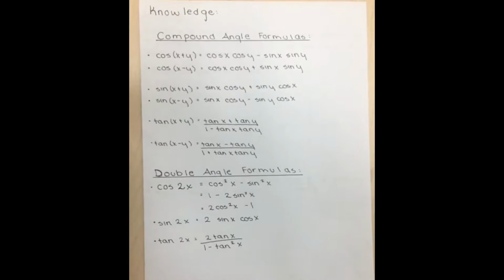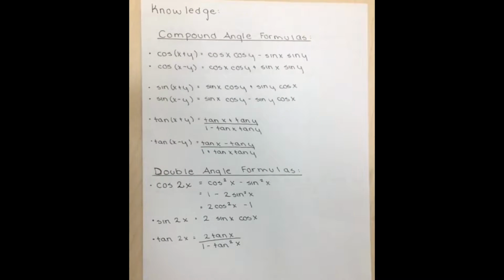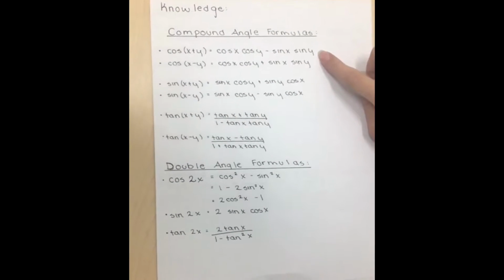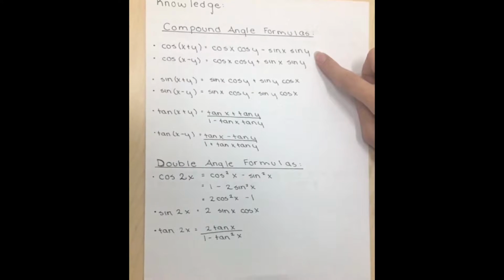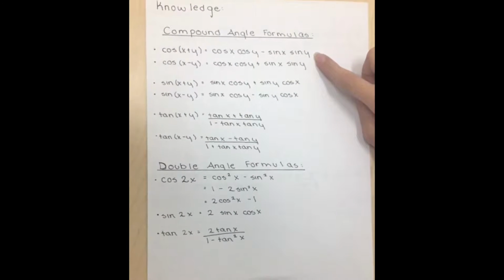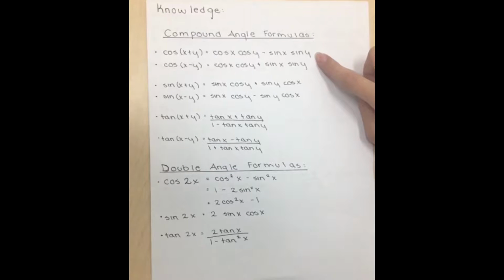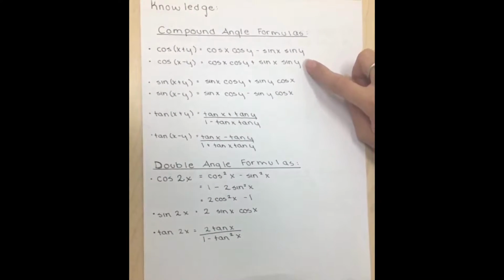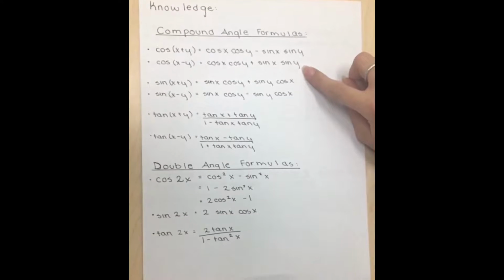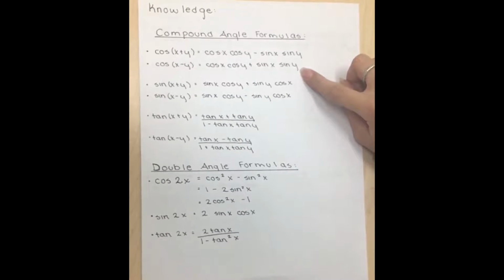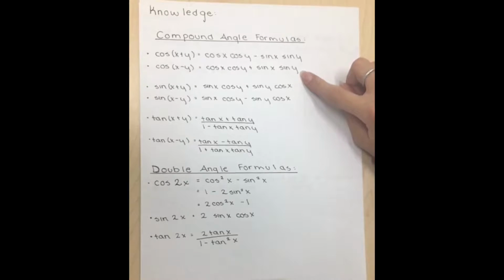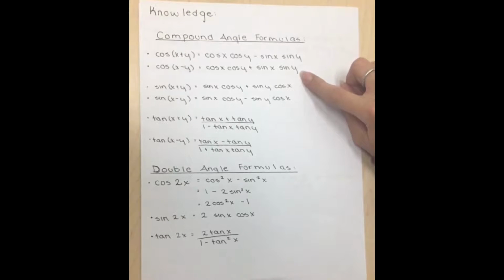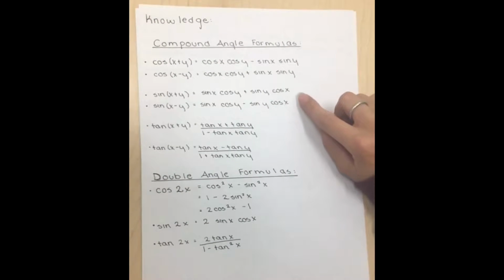Let's start off by establishing the compound and double angle formulas. Alright, so the first compound angle formula is cos x plus y is equal to cos x times cos y minus sin x times sin y. Next, cos x minus y is equal to cos x times cos y plus sin x times sin y.